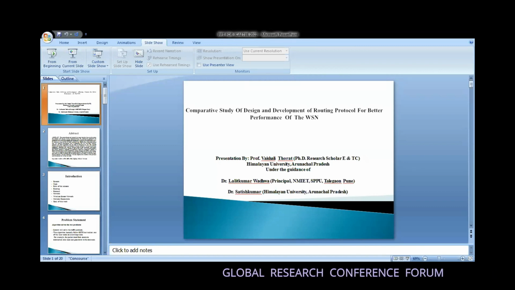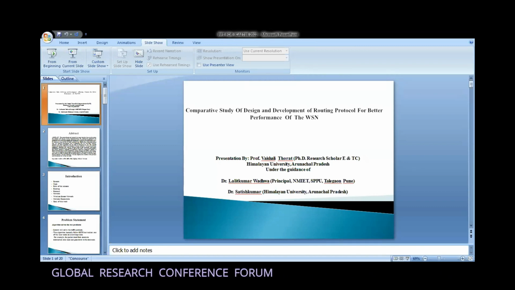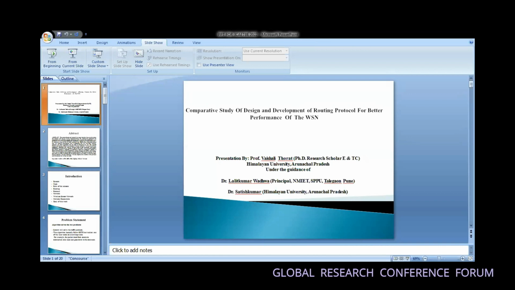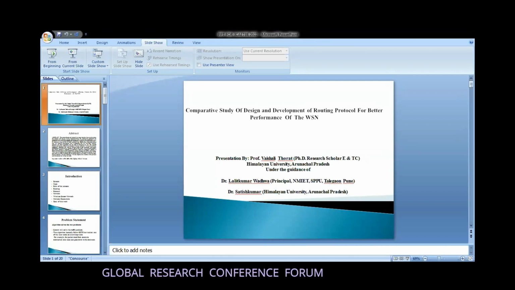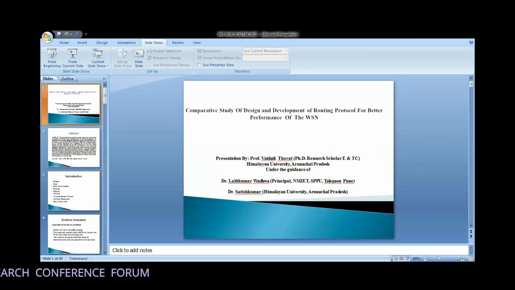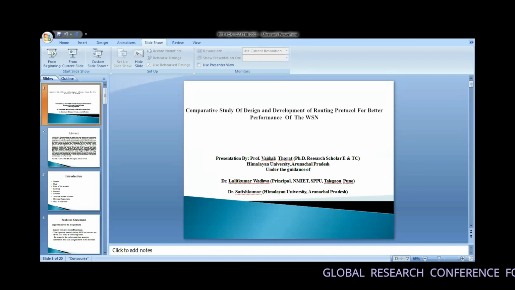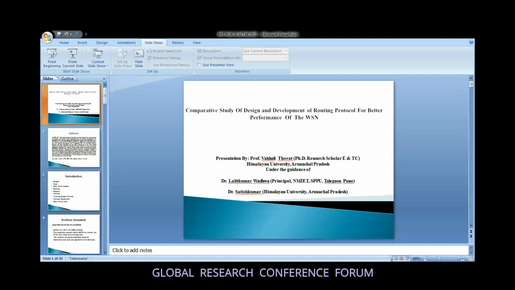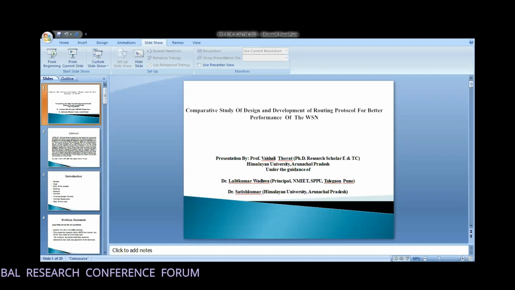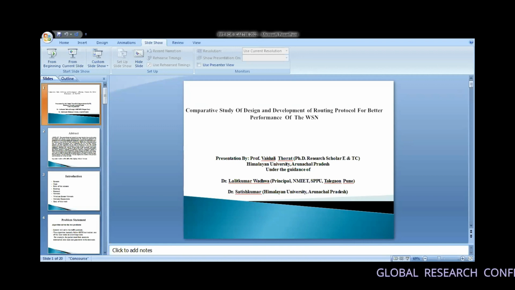What is the objective of this work? The objectives are a comparison of ad hoc on-demand distance vector routing and the extended shortcut routing protocol algorithm, and to find a new routing protocol, that is advanced shortcut routing.